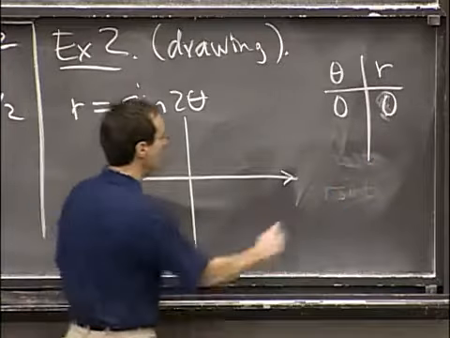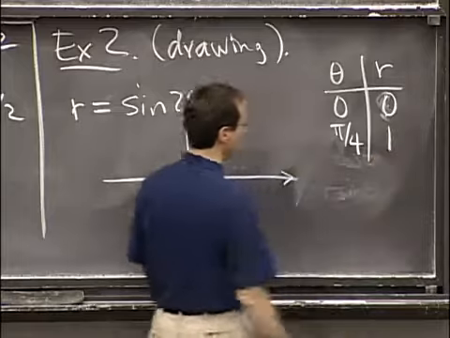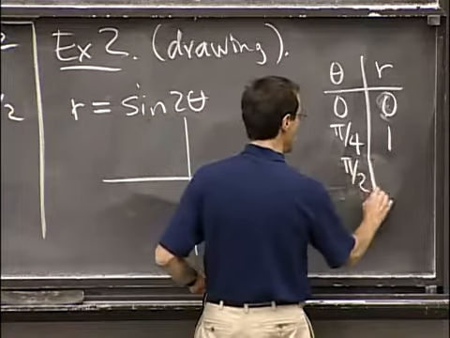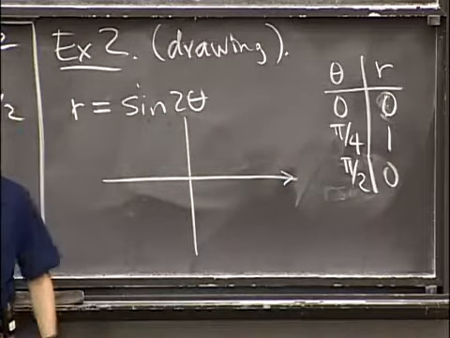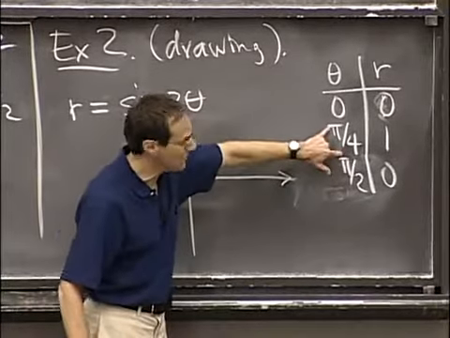Sorry. And then π/4, that's where I get sin(π/2), I get 1 for this. And then again, at π/2, I get sin π, which is back at 0 again. And the other thing to say is in between here, it's positive in between.